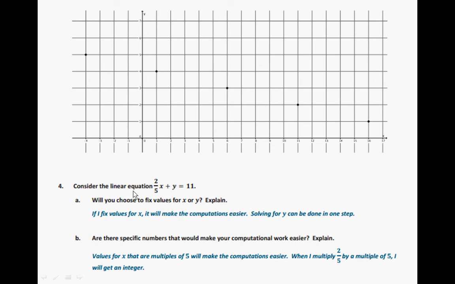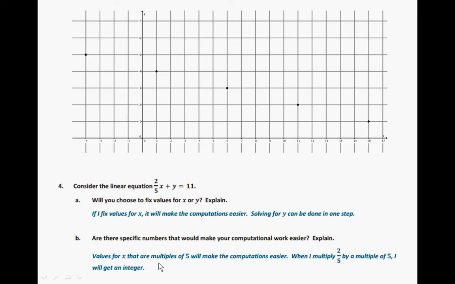So consider the linear equation 2/5 x plus y equals 11. Will you choose to fix values for x or y, and explain? Well, if you fix values for x, it will make the computations easier. Solving for y can be done in one step. Are there specific numbers that would make your computation easier?